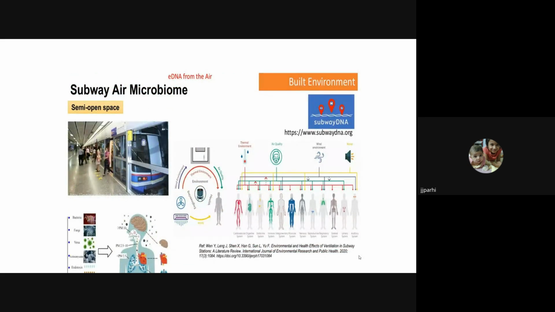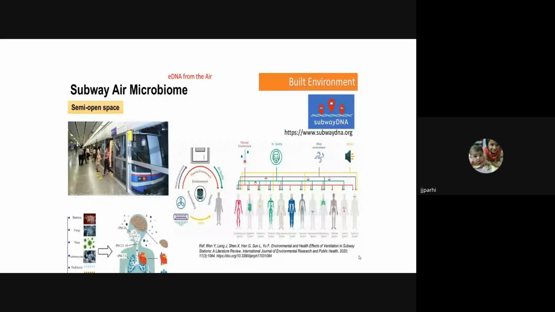One more thing I have found somewhere is subway air microbes. In the case of subways, an enclosed metro system, we close the system. So what happens? The bacteria and fungi are present in the air. So from air also, detection is possible. From there we can detect bacteria and viruses through eDNA.